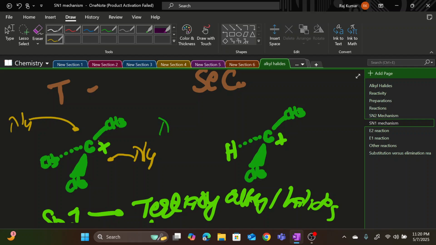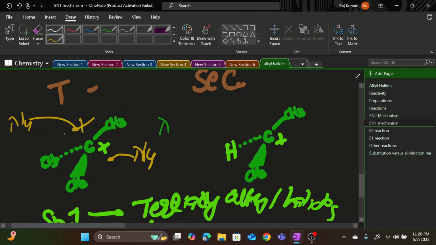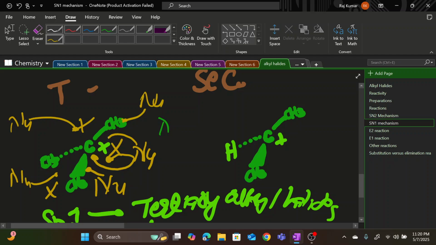That is known as steric hindrance or steric effect. Because of the steric effect, a nucleophile cannot attack from here, or here, or here, or even here. It can only attack from here.